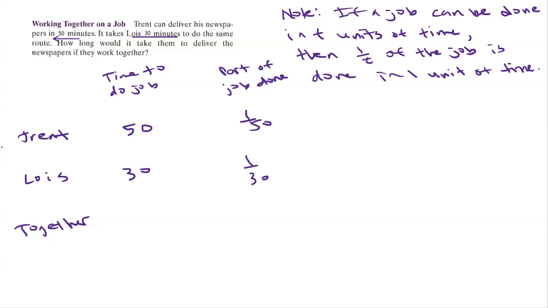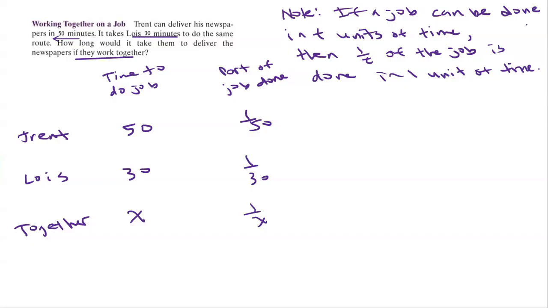Okay. Now we've got to talk about how long it would take them to deliver the newspapers if they work together. In this case, I don't know that, right? We don't know how long it takes them to do it together. So that's going to be x. And then this will be 1 over x as part of the job done.